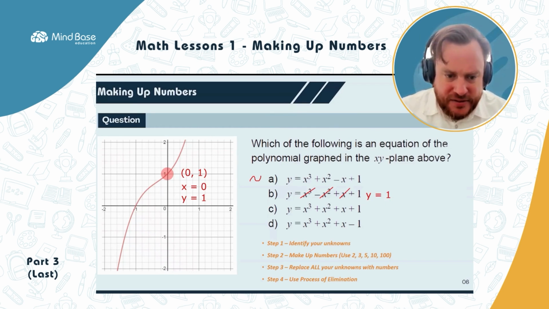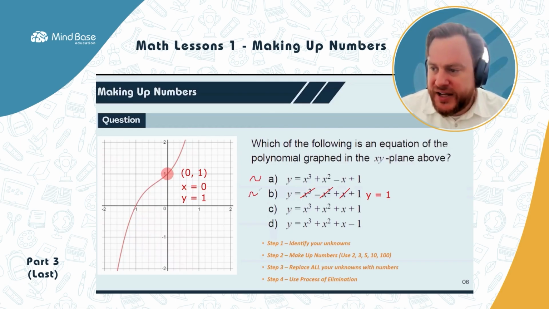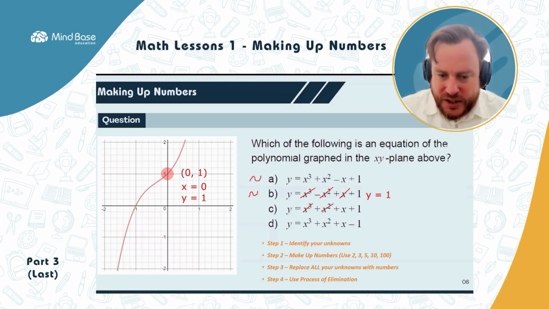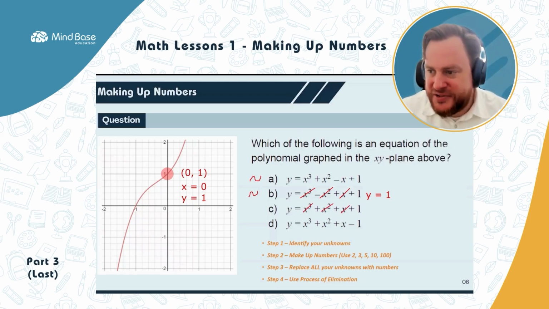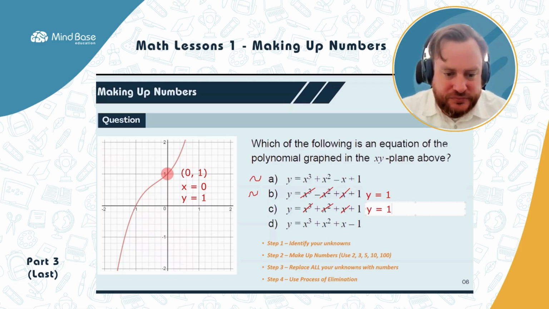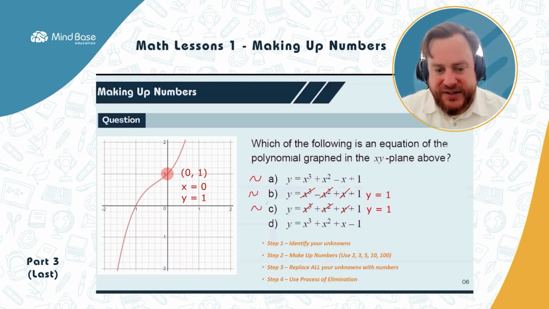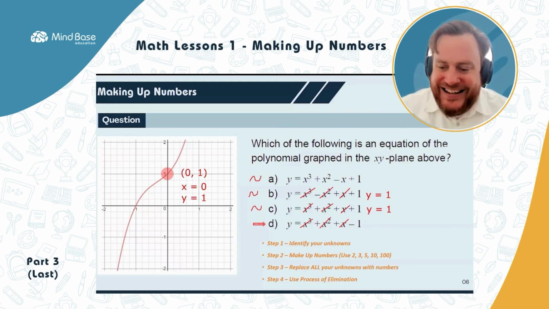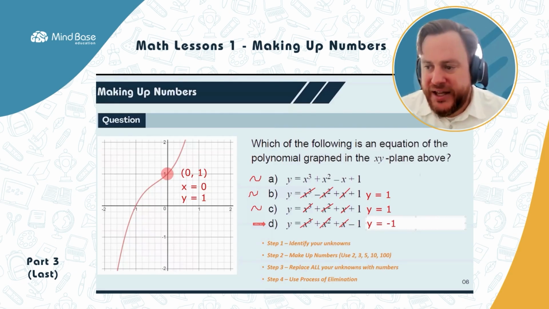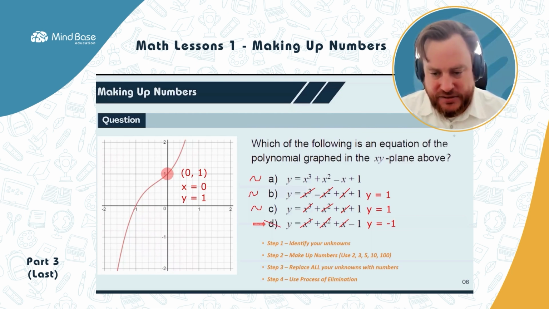So maybe it's B. If we check answer choice C, we're also going to get y equals 1. So maybe, oh no, maybe it's answer choice C. But wait a sec. If I check answer choice D, my x's disappear, and I'm left with y equals -1. That's not true. Okay, at least I can eliminate answer choice D, right?